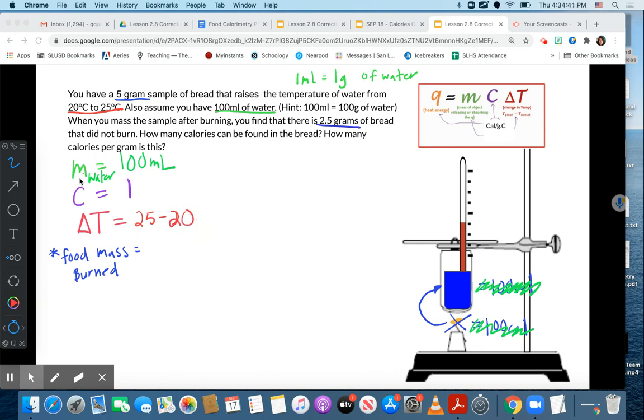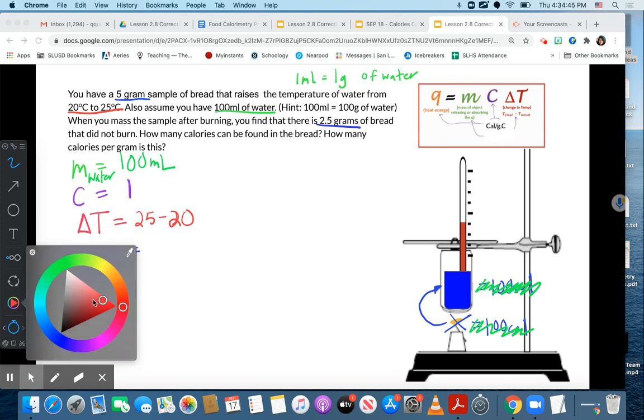If I plug all of this into my equation for heat energy, going everything in order, I'm just going to write it right next to it: 100 times 1 times the change in temperature, which is 5. All of that will give me my heat or energy given off in calories.